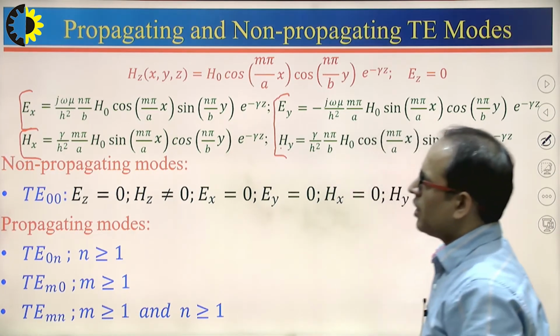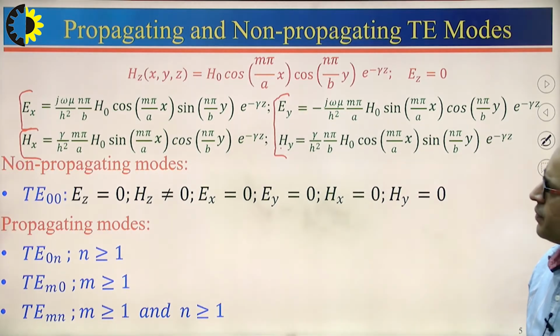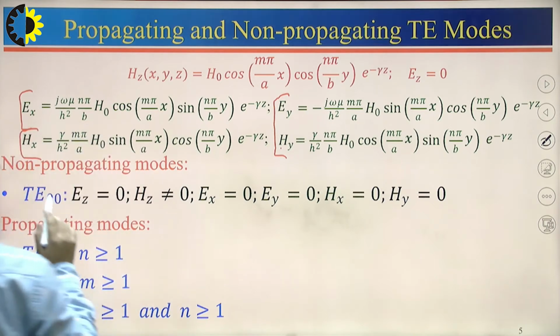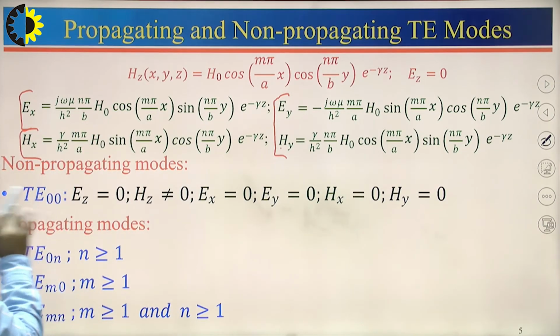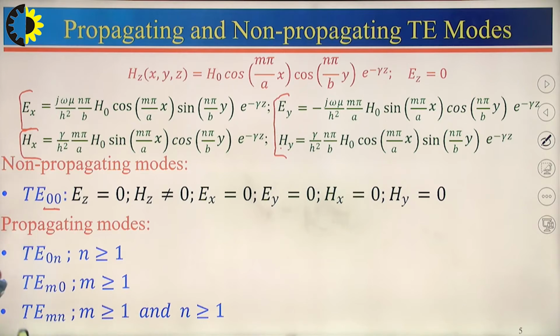Clear? Now see what will be the non-propagating modes here. When both m equal to 0 and n equal to 0, this is non-propagating, meaning this mode will not exist inside the rectangular waveguide. Clear?